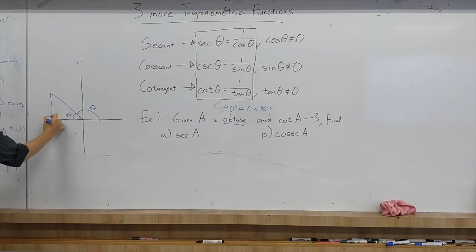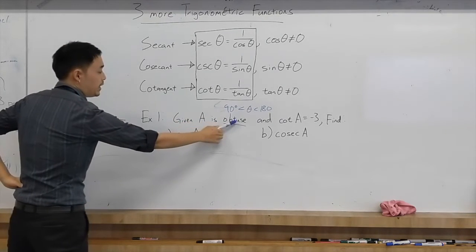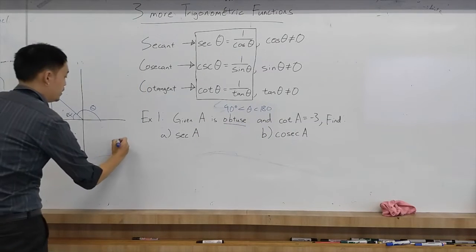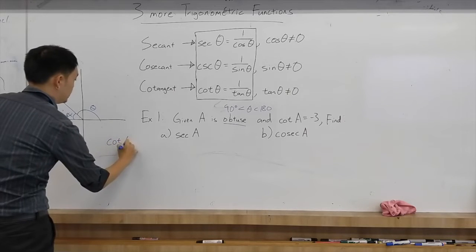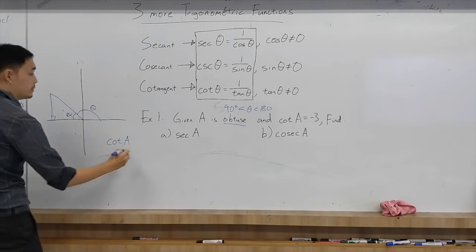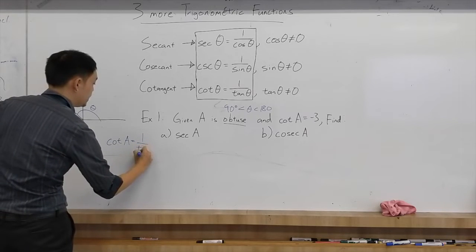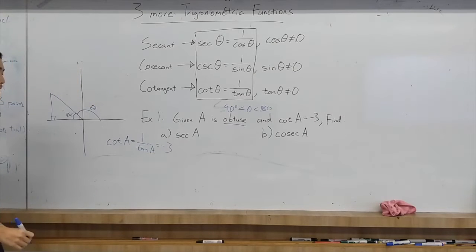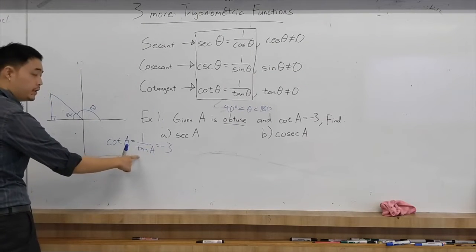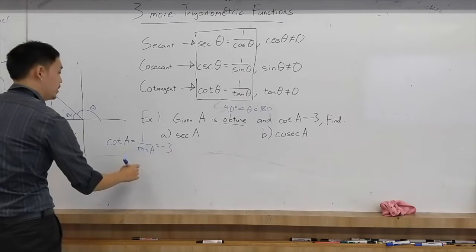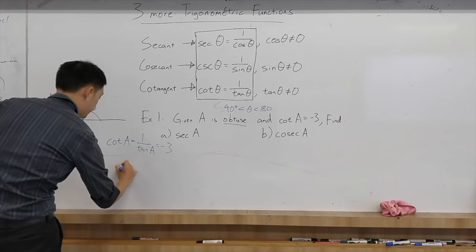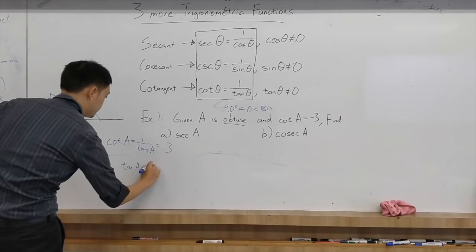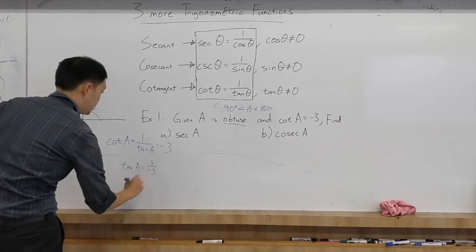And this triangle, the cotangent of A is -3. So if I say cotangent of A is going to be equal to 1 over tangent of A, which equals -3, now I can solve for tangent of A. Let's move this tangent of A over there, move the -3 back, and I get tangent of A equals 1 over -3.